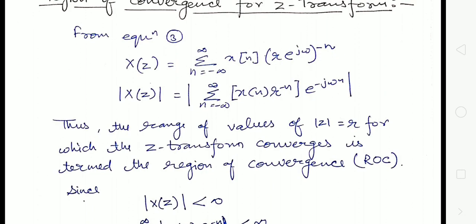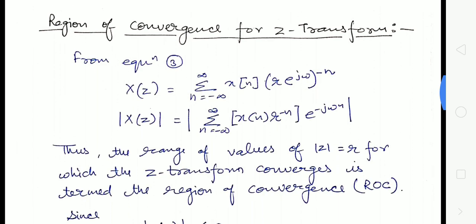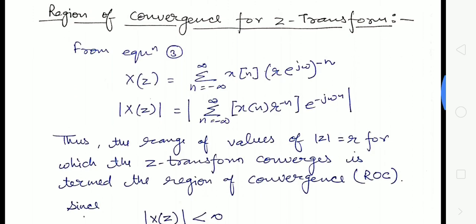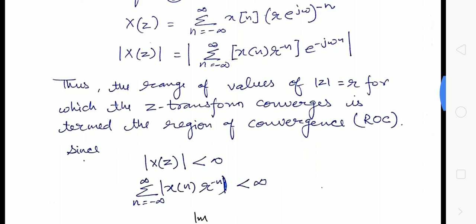If we take mod on both sides, we will see what the ROC of Z transformation will be. This is the region of convergence, meaning at what values X(z) will converge. So mod of X(z) should be less than infinity.